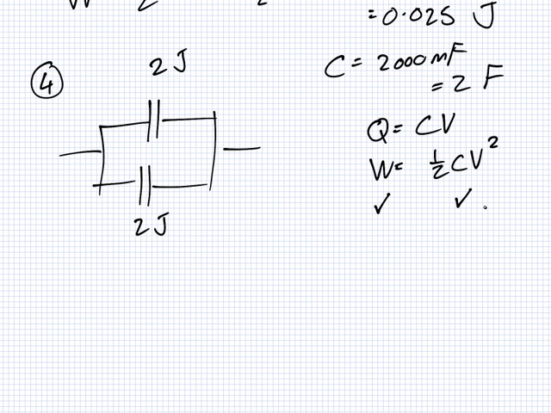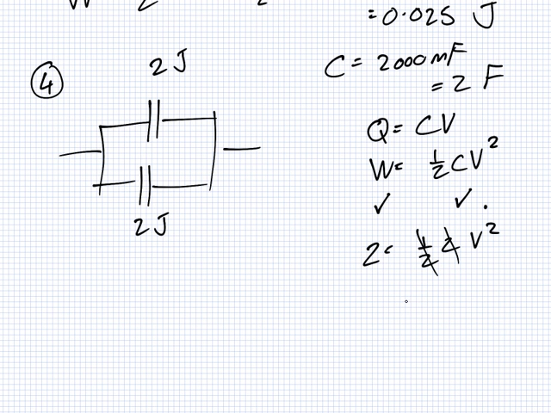I would like the V. I suppose we can get the V out of this. Yeah, 2 equals a half times 2 times V squared. V is 1. And is it not root 2? Is it not root 2? No.